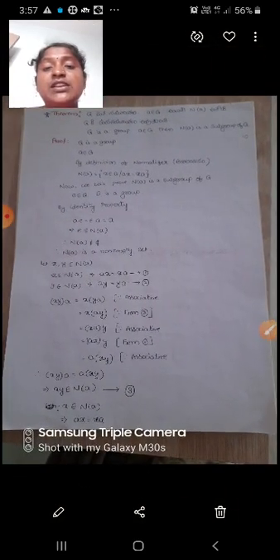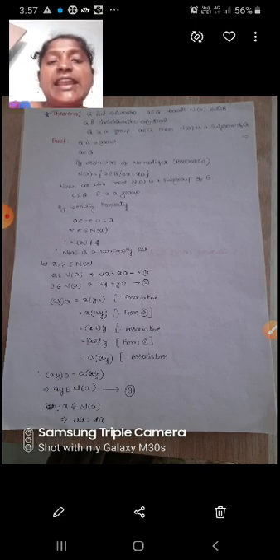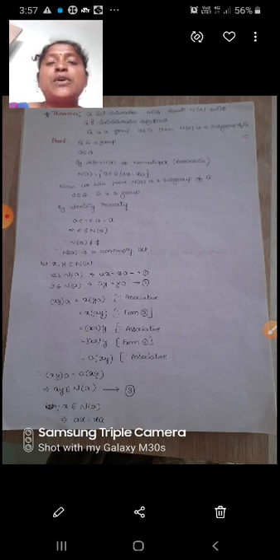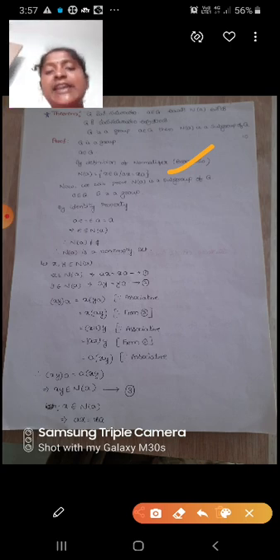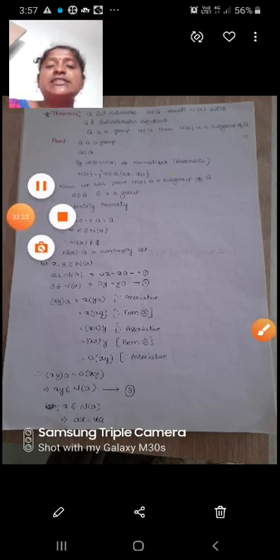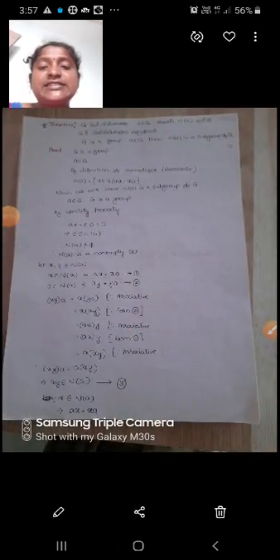Theorem. G is a group, A belongs to G, then N of A is a subgroup of G. So we have to prove that the normalizer of A is a subgroup of G. Proof: G is a group, A belongs to G. By the definition of normalizer, N of A equals the set of X belonging to G such that AX equals XA.